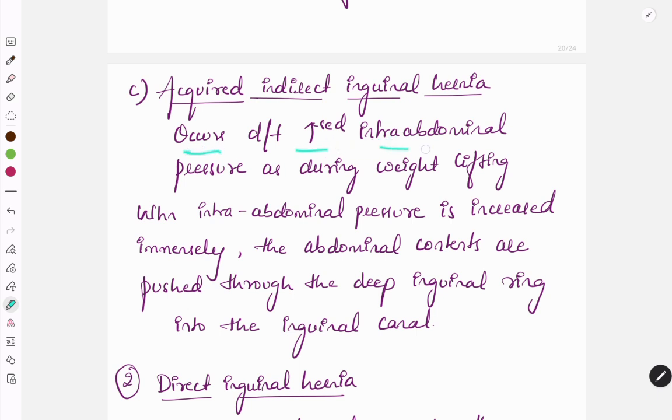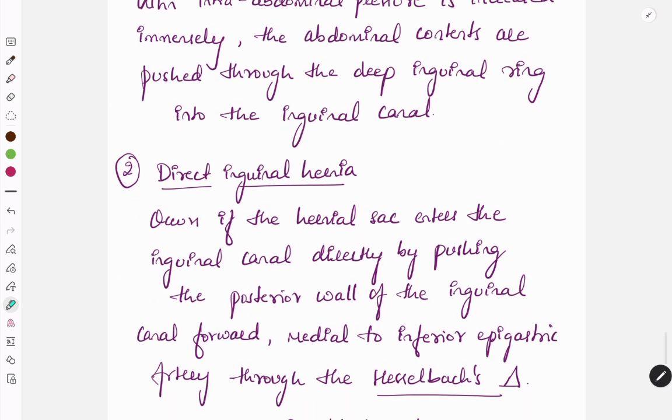It occurs due to increase in intra-abdominal pressure, as during weightlifting, or if he is coughing a lot. Anything which leads to increased intra-abdominal pressure will cause an acquired indirect inguinal hernia. When intra-abdominal pressure is increased immensely, the abdominal contents are pushed through the deep inguinal ring into the inguinal canal.